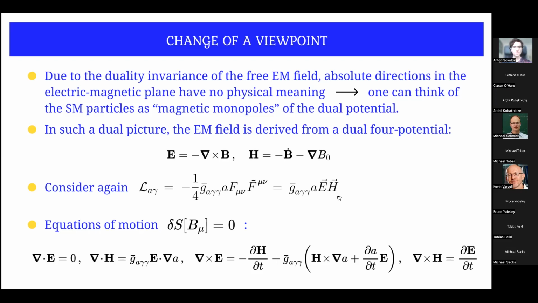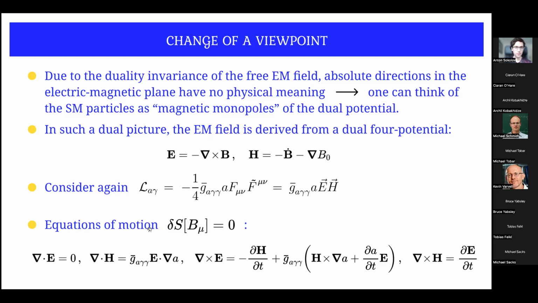And the reason is, although here the Lagrangian looks as if it has the same structure, so in terms of electric and magnetic fields, the Lagrangian has the same structure as previously, but really the Lagrangian and action is a functional of the potentials, not of the electric and magnetic fields. So when we derive equations of motion, we have to vary the action now with respect to this dual four-potential, so the other potential.